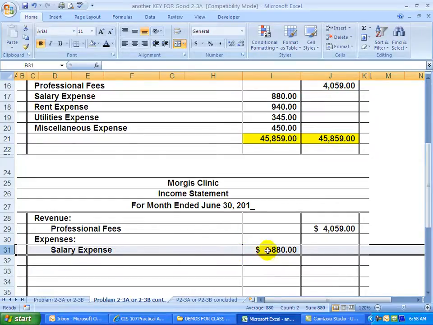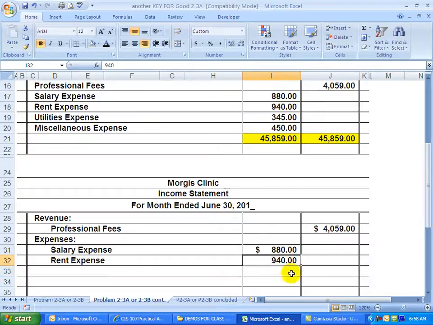And notice that the first in this list is going to have a dollar sign. So salary expense was $880, dollar sign in front of it. The next one is rent expense. So rent expense is now listed, and the amount is over here. No dollar sign because it is not the first one.